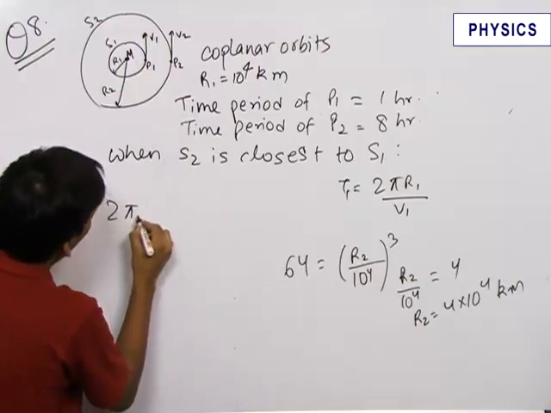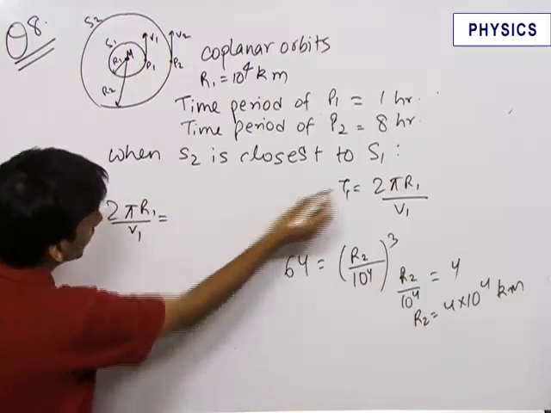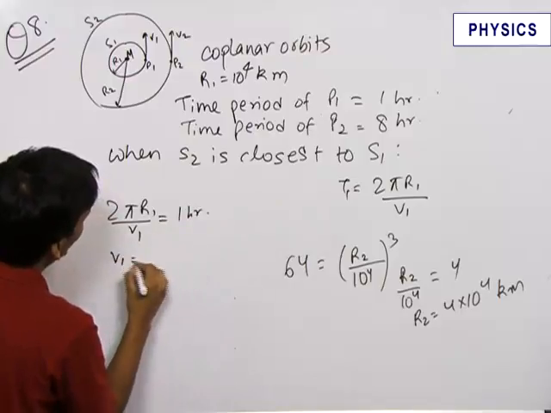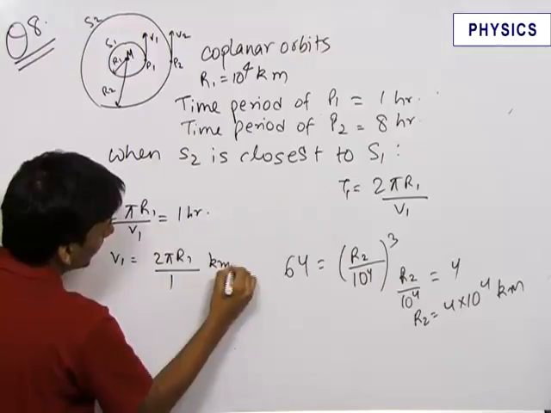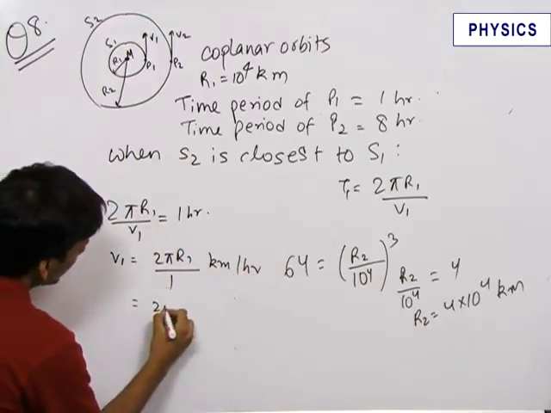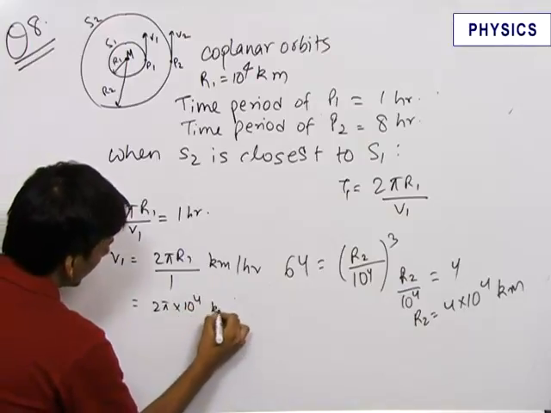We have 2 pi r1 upon v1 is equal to the time period of the first satellite, that is 1 hour. Therefore v1 is equal to 2 pi r1 upon 1 kilometers per hour. When r1 is written in kilometers, this is equal to 2 pi into 10 raised to the power 4 kilometers per hour.